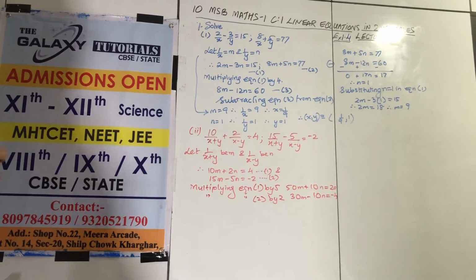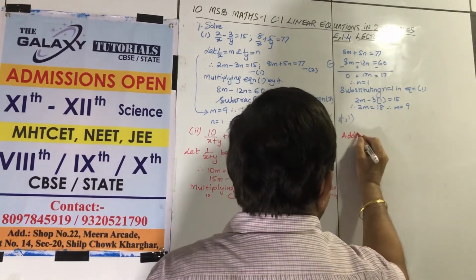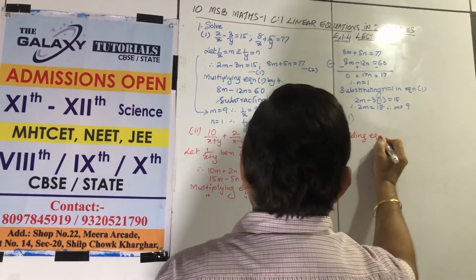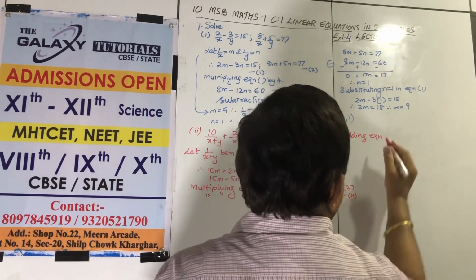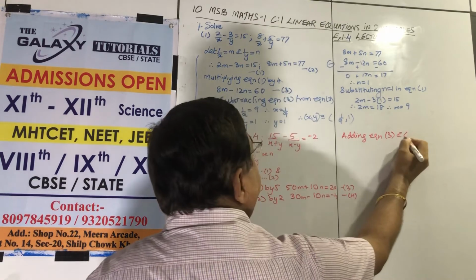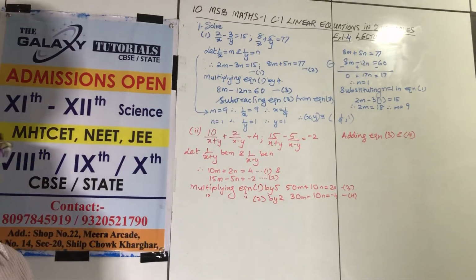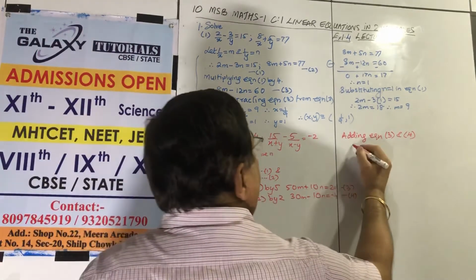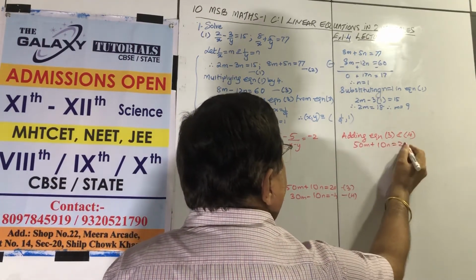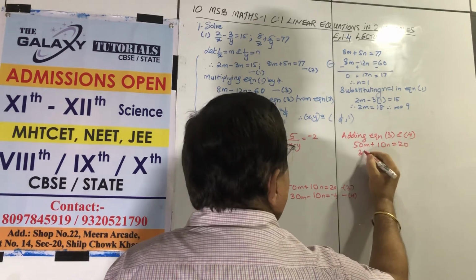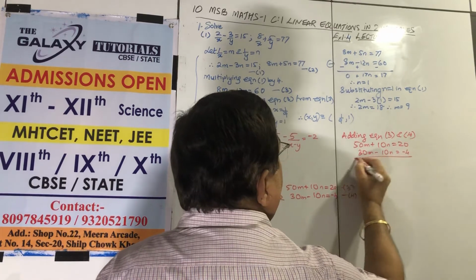Now we will add. Adding equation 3 and 4. I will have 50m plus 10n is 20, 30m minus 10n is minus 4.